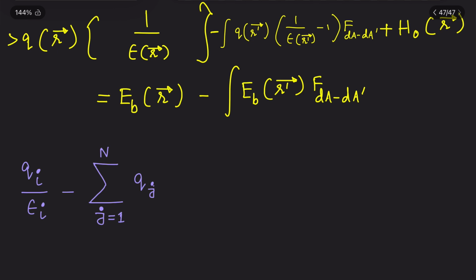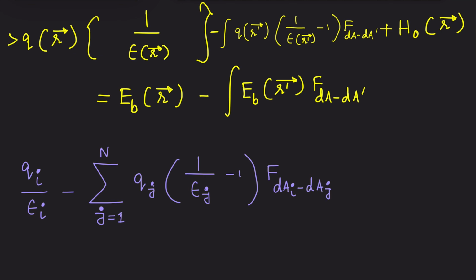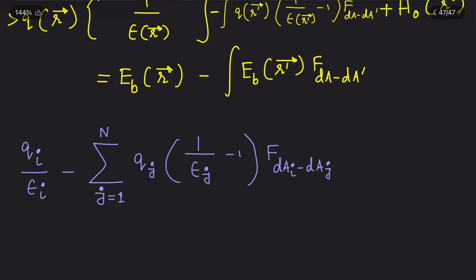qj into 1 by epsilon j minus 1, F dAi daj. Okay, fine.